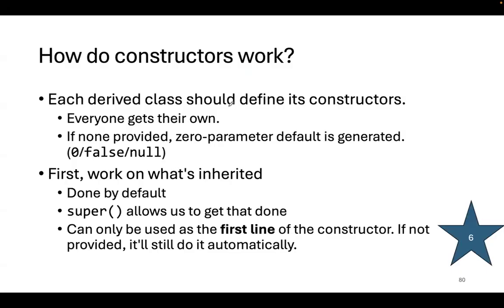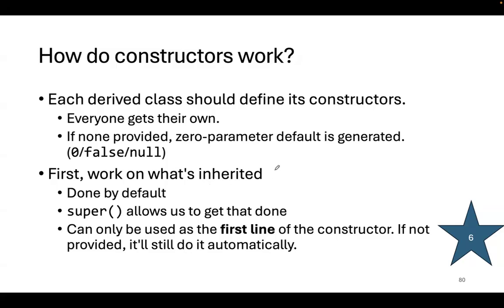So every derived class, every subclass has to specify its own constructors. So everyone gets their own. As usual, if none are provided, then that default, remember with int cell when we didn't specify the constructor, the zero parameter default, the compiler adds that in and it'll just give you all zero, false, or null.